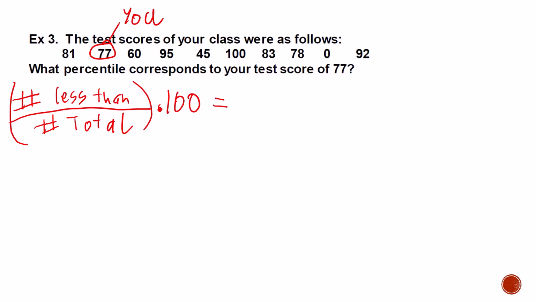So if you scored 77, how many test scores did you score better than? 3 out of a total of 10.